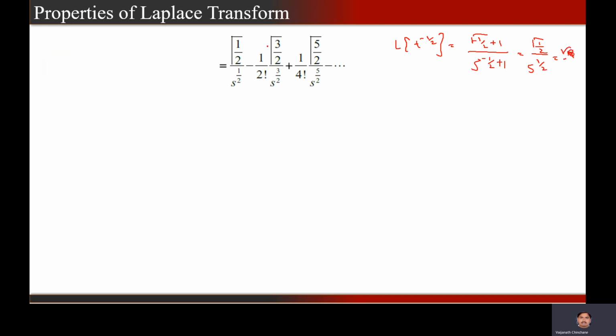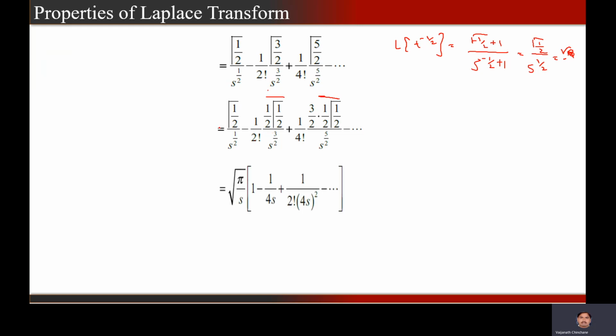Then minus 1 by 2 factorial gamma of 3 by 2 upon s raised to 3 by 2, plus 1 by 4 factorial gamma of 5 by 2 upon s raised to 5 by 2. Writing gamma of 3 by 2 and gamma of 5 by 2 in this way, from this we take common gamma of 1 by 2, that is under root pi, and from the denominator we take common s raised to half.